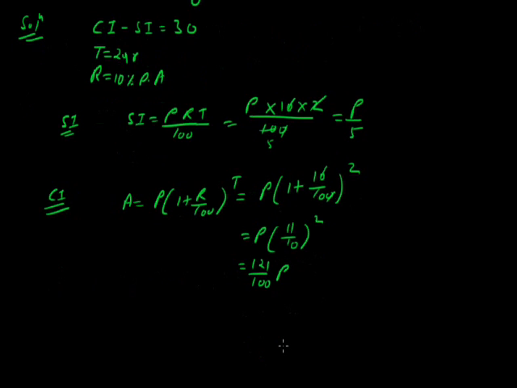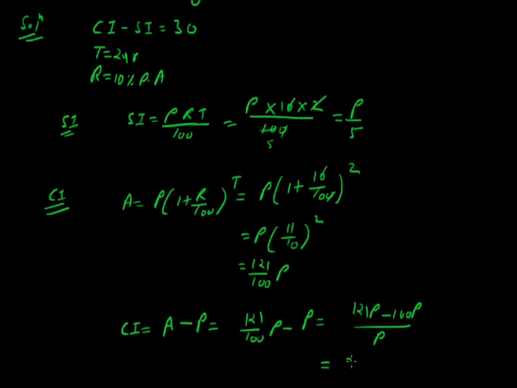Now to find the compound interest, we subtract P from A. So 121 by 100 P minus P. So we take 100 as LCM. So 121 P minus 100 P, that is 21 P by 100. So that is your compound interest.